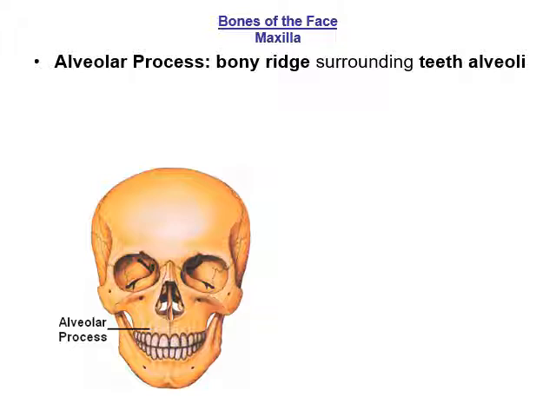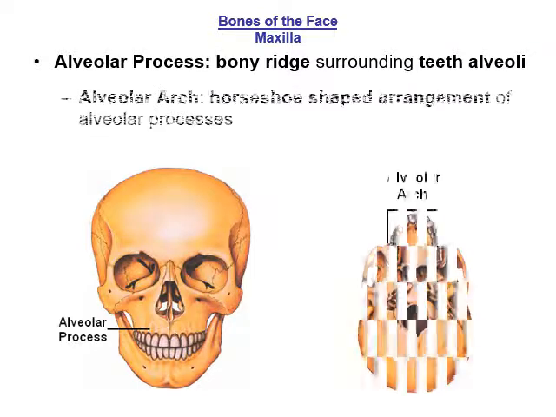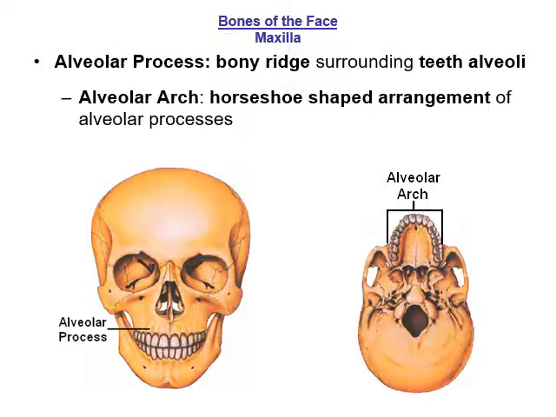Now, the alveolar processes are held in something called the alveolar arch. It's basically the outer border of the palatine process, if you will. And the alveolar arch, again, is this horseshoe shape, and it actually gets wider as you go back. So the anterior portion of it is a little more narrow than the posterior portion.